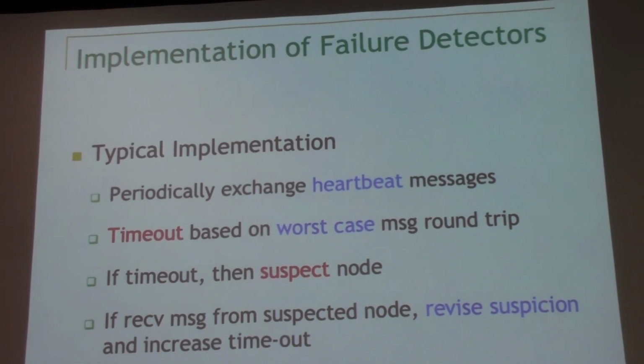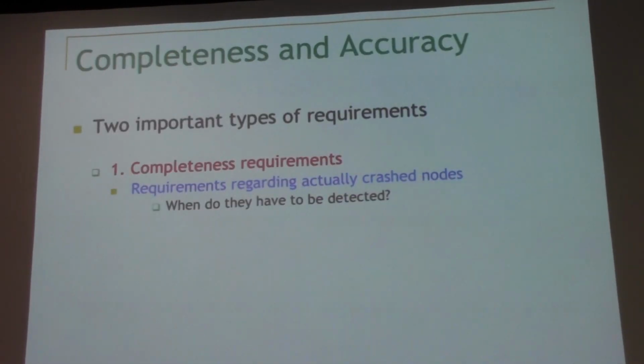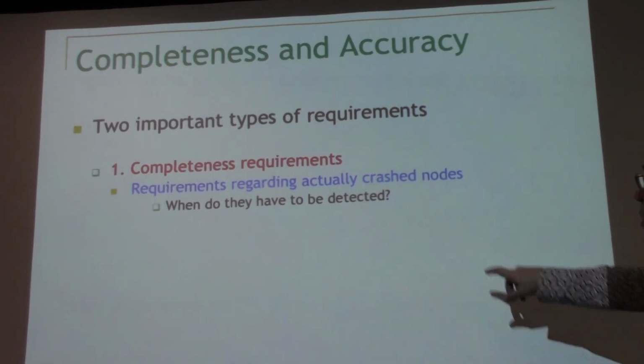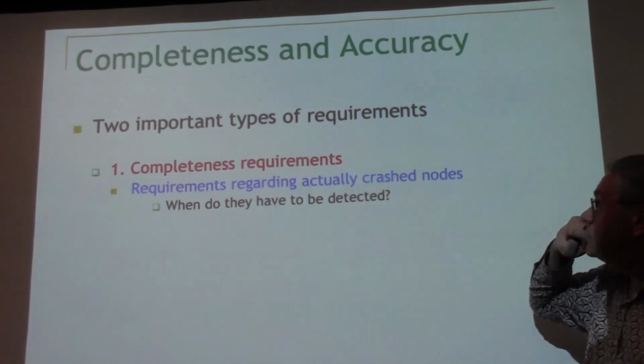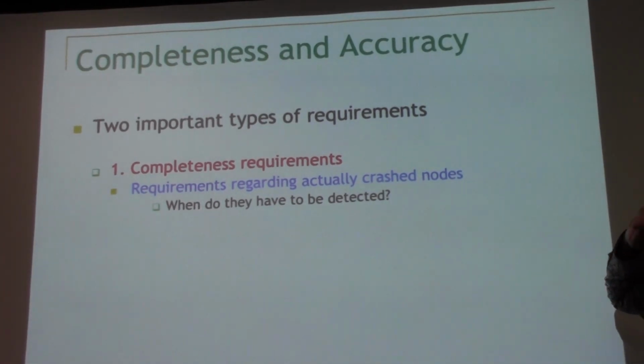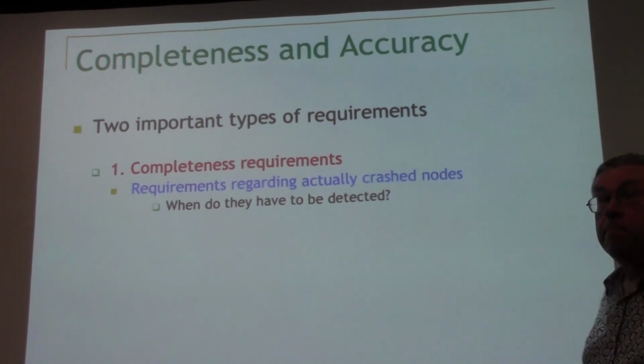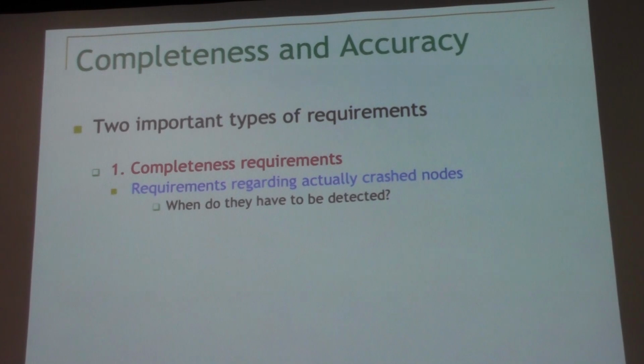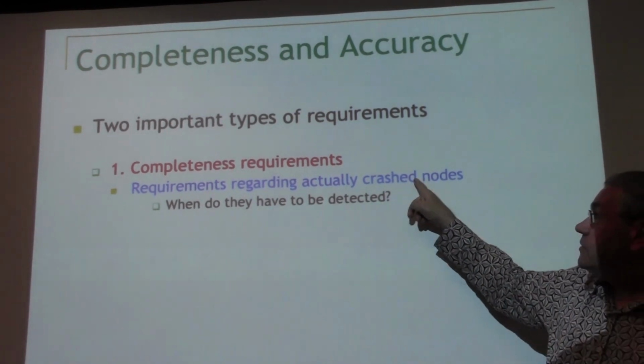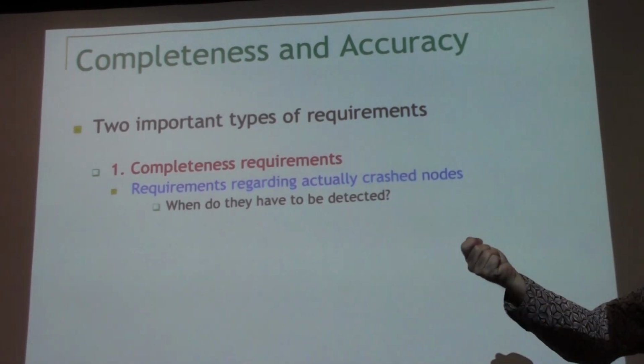So these are two important concepts. We're going to, first of all, specify them formally. And there's two kinds of requirements for failure detectors. There's completeness. Completeness means it doesn't actually miss any crashed nodes. It will actually detect if a node crashes, it will not forget it.